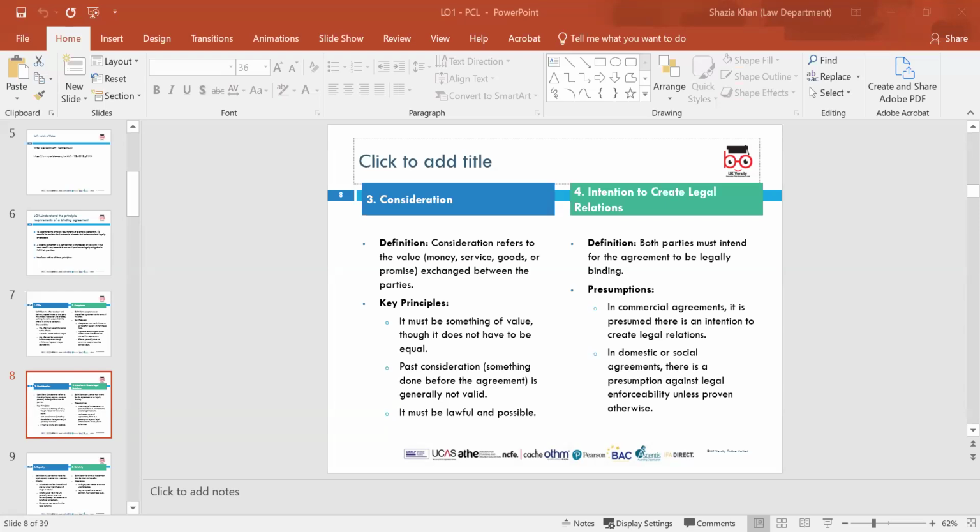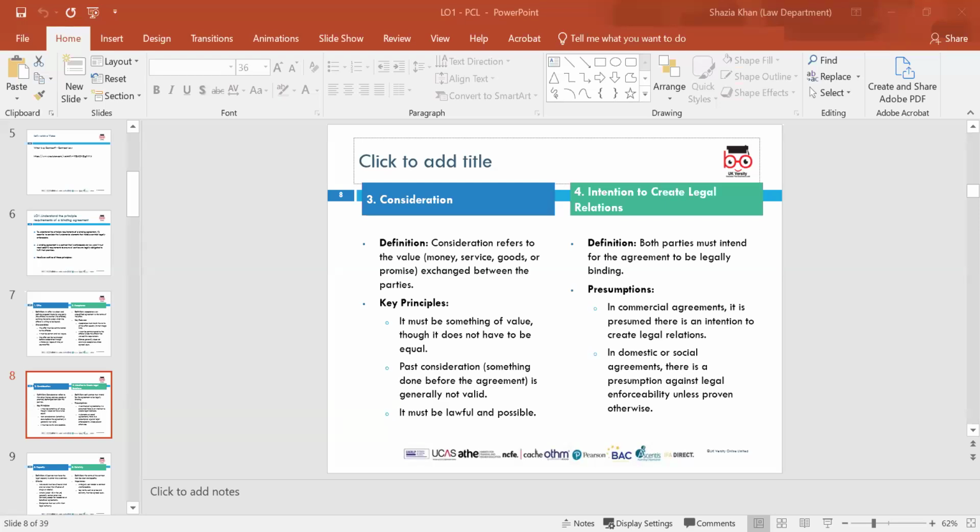The definition of intention to create legal relations can be bifurcated into two categories: social agreements and commercial agreements. Each exhibits different presumptions regarding the intent to create legal relations. Social agreements are typically informal agreements made among friends or family where there's generally no intention to create legal relations.